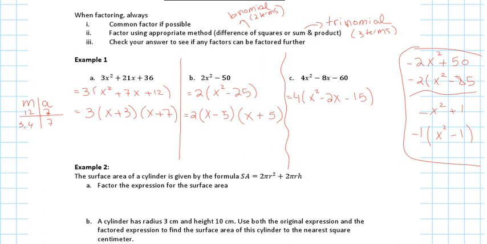Looking for two numbers that multiply to negative 15 and add to negative 2, right? I don't have that many options: negative 15 and 1, 15 and negative 1, 5 and negative 3, negative 5 and 3. So I think negative 5 and 3 is my answer because that adds to negative 2.